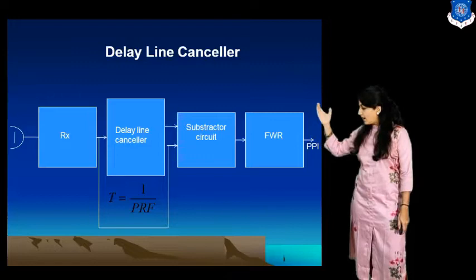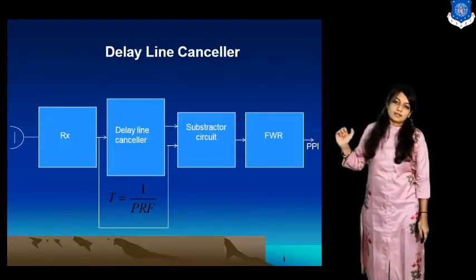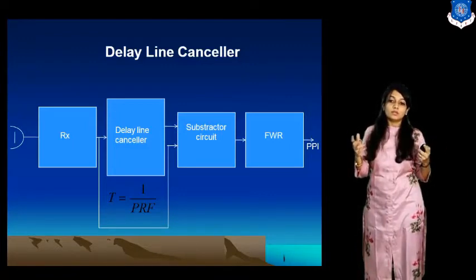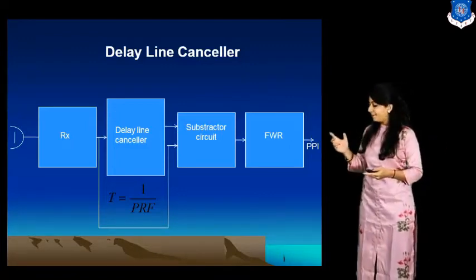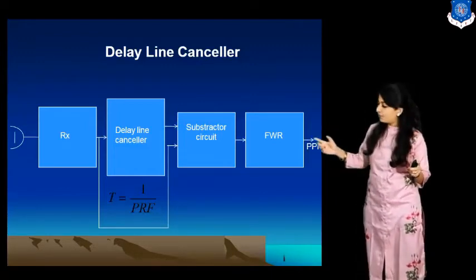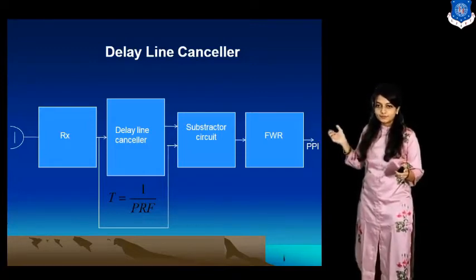Alright. After the receiver, the delay line canceller is there. This is the block diagram of the delay line canceller. Okay, what will it do? The delay line canceller will provide a delay to whatever signal is applied to it. Right?